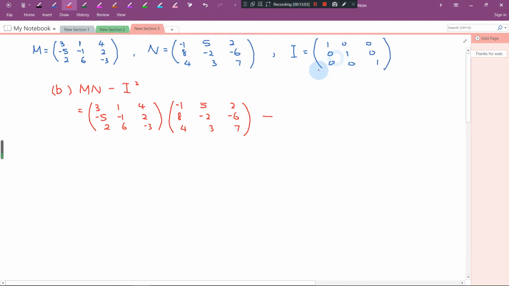For this part, we just copy I: 1, 0, 0, 0, 1, 0, 0, 0, 1. Now here we have to be more careful because we have 3 rows and 3 columns. This is 3 by 3, and here is another matrix, 3 by 3. We know that the order of the product will be 3 by 3 as well.